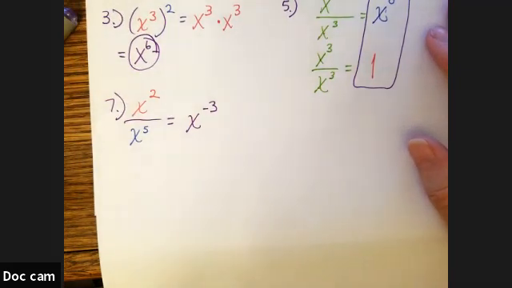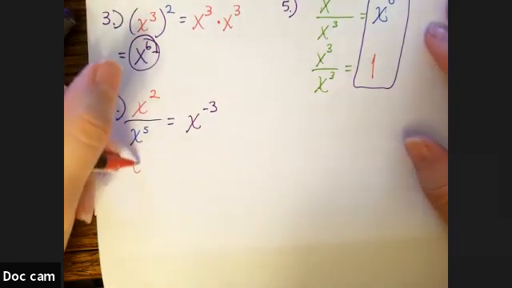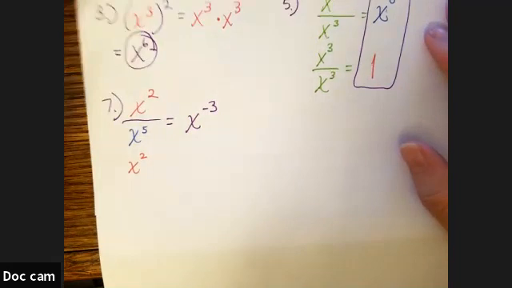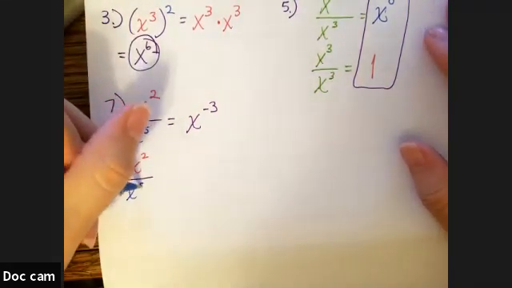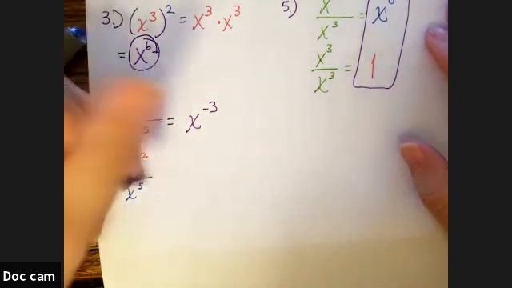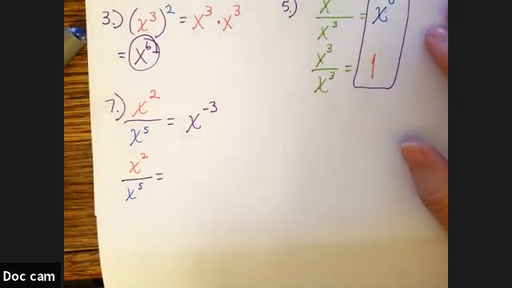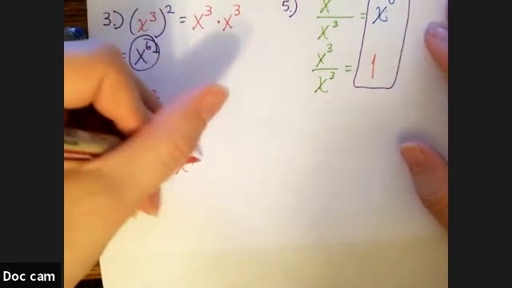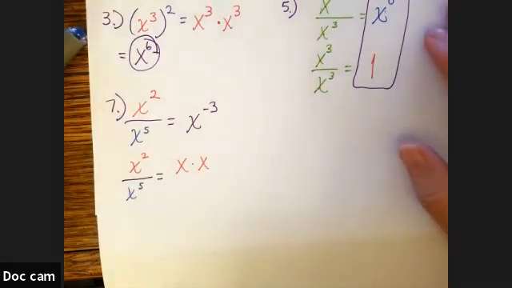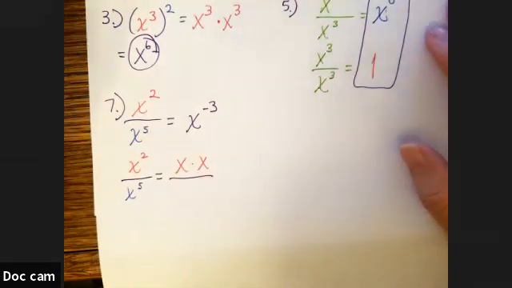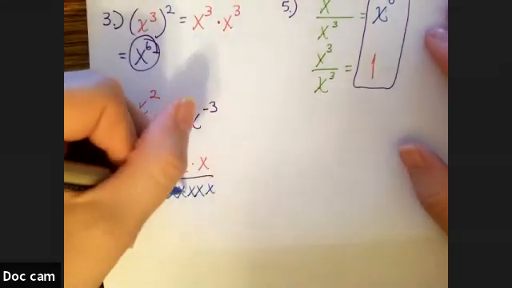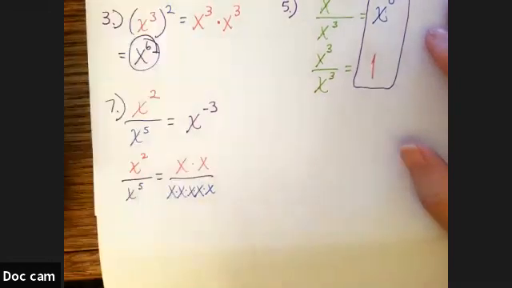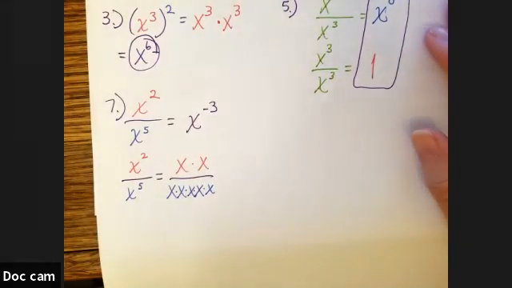But what if we take that same problem and write it out the way that we did earlier? On the top, we write out x times x, and on the bottom, we write out x times x times x times x times x: 1, 2, 3, 4, 5.